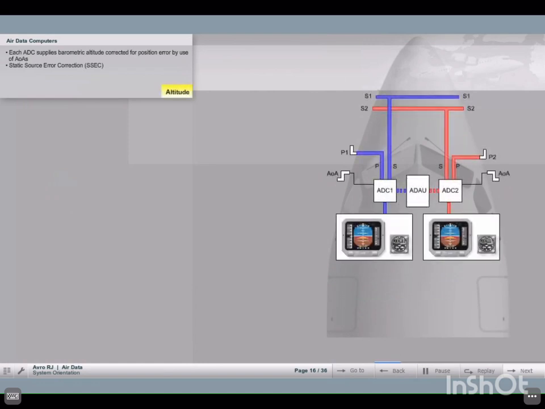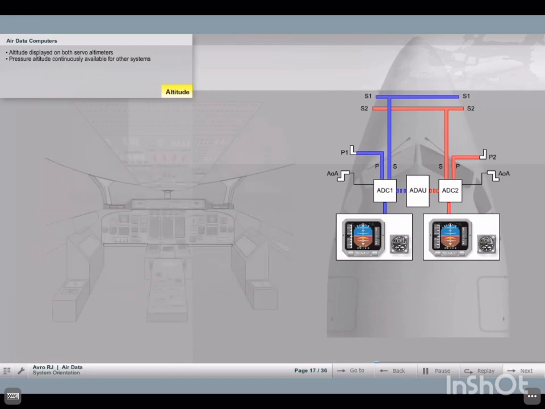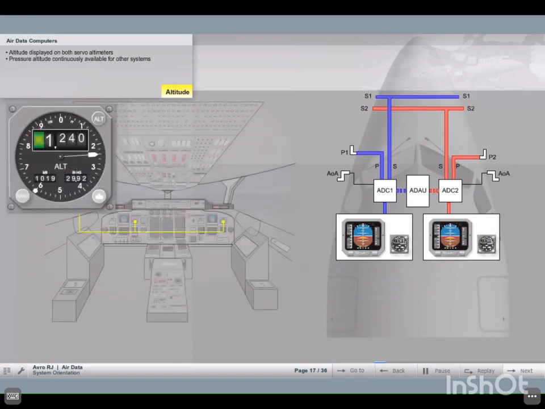Each ADC has barometric altitude, which is automatically corrected for position error using information from the angle of attack vanes. This correction is known as Static Source Error Correction, SSEC. Altitude is displayed on both servo altimeters when a barometric correction is made. Pressure altitude is also continuously available for other systems, such as the Mode S transponder, to provide altitude reporting.